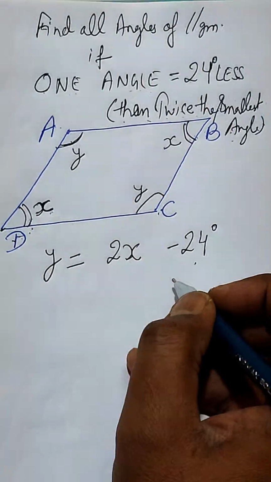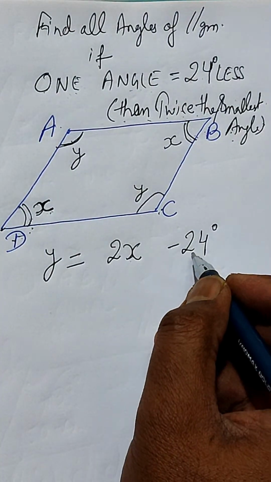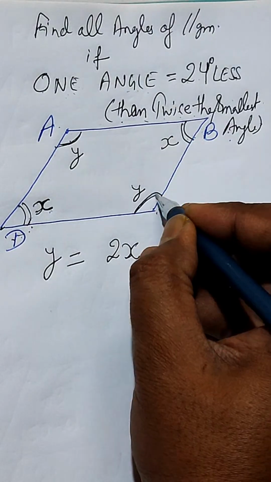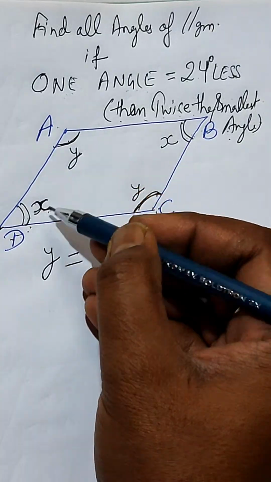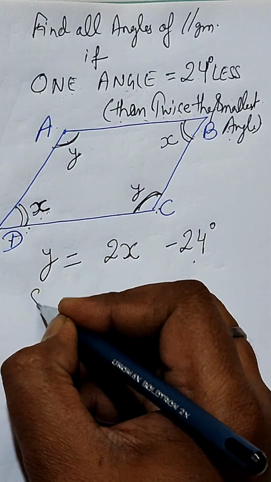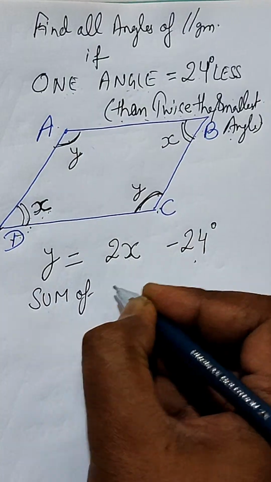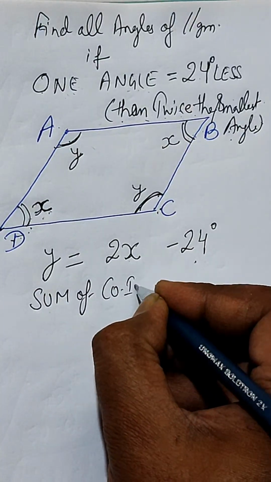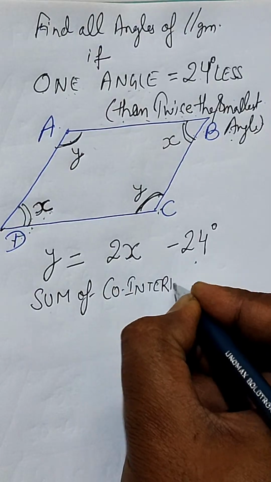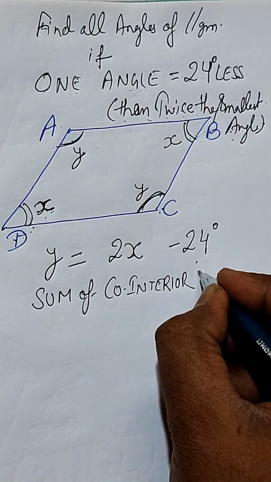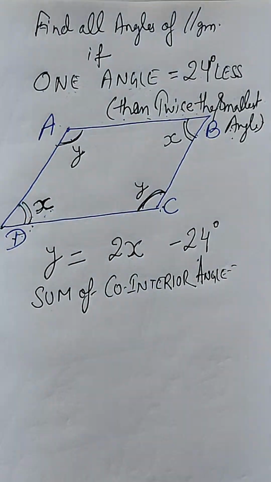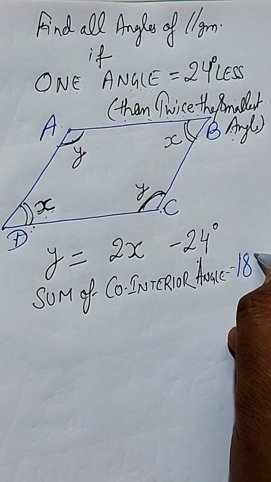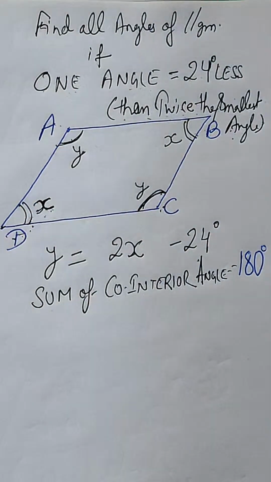Now solve it. Since y equals 2x minus 24, we can say that the sum of co-interior angles, that means x plus y, is equal to 180 degrees, right? We have already seen it. This is a property.